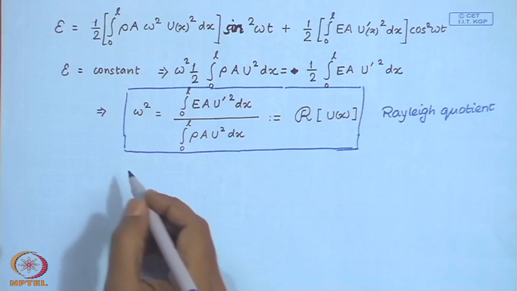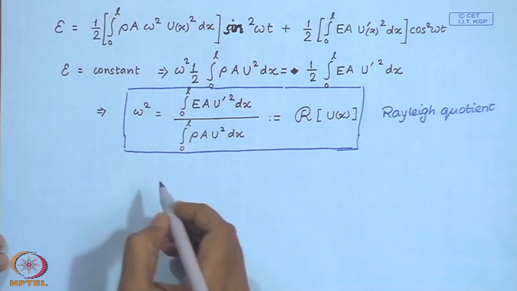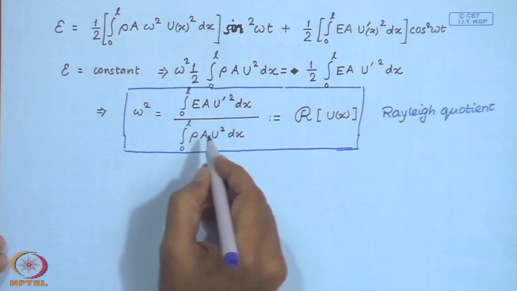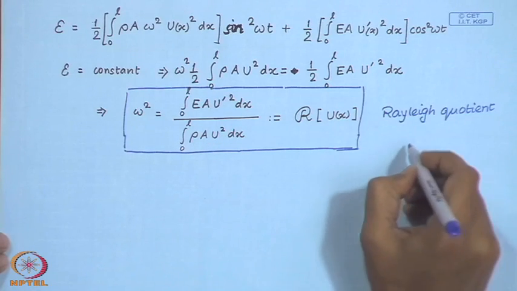Now, sometimes this Rayleigh quotient is also expressed as maximum potential energy divided by the maximum kinetic energy.